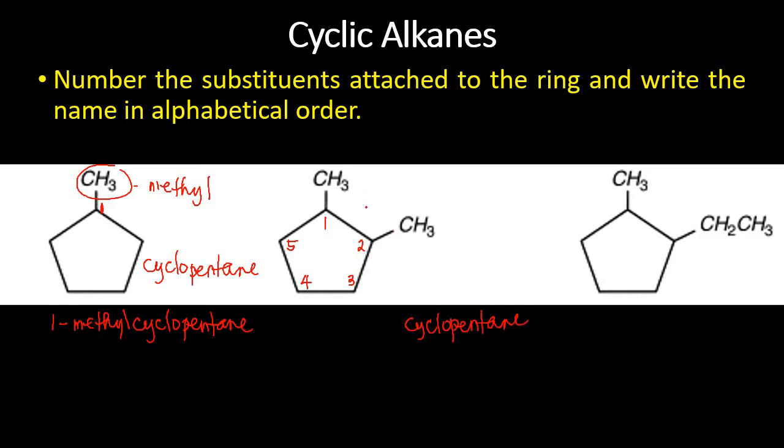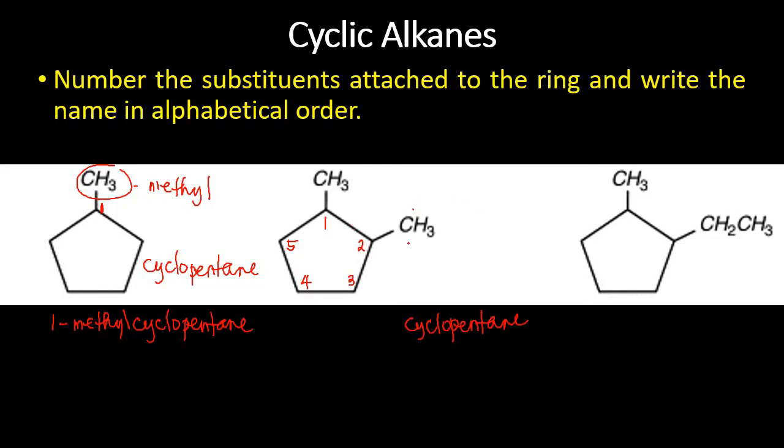But what will be the number of the substituents? Now, you notice that we have 2 methyls. So, ano ang susundan natin? Is it 1, 2 or 1, 2? Okay. So, mapapansin ninyo, either of the two options, kahit anong ilagay natin, parehas yung magiging kahihinatnan.